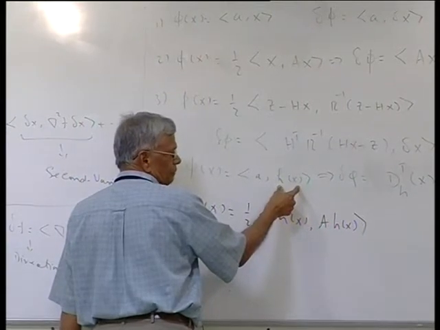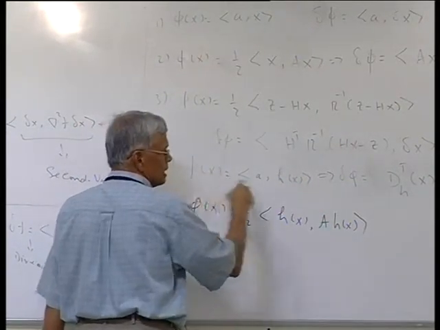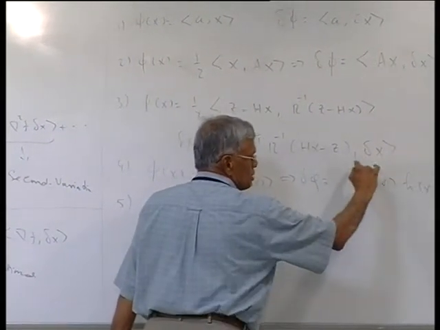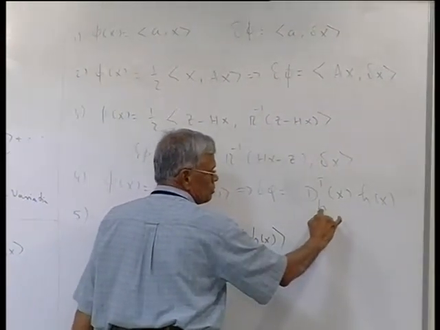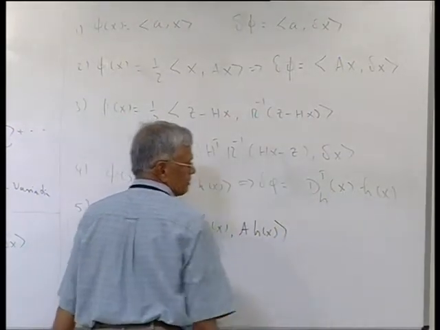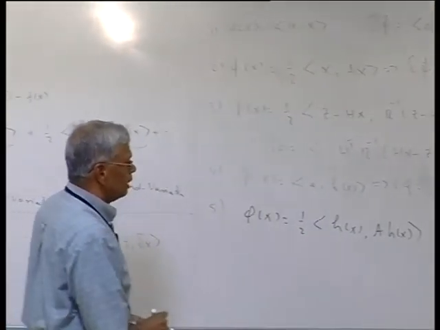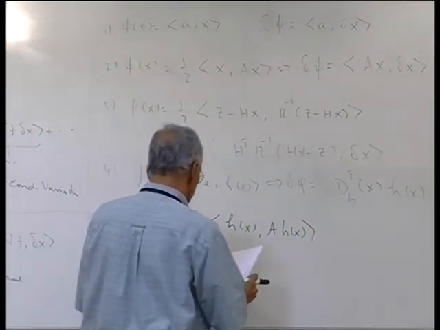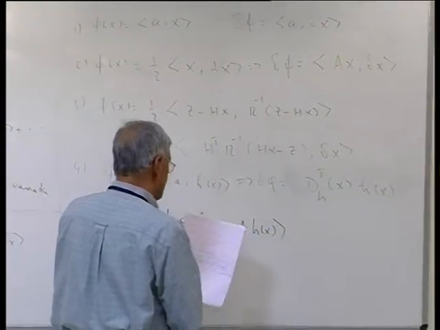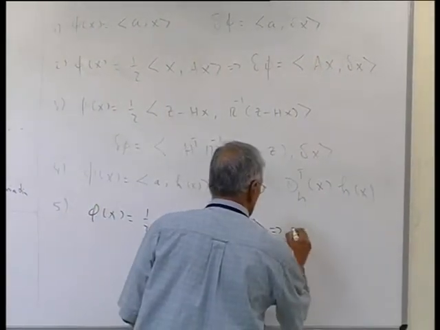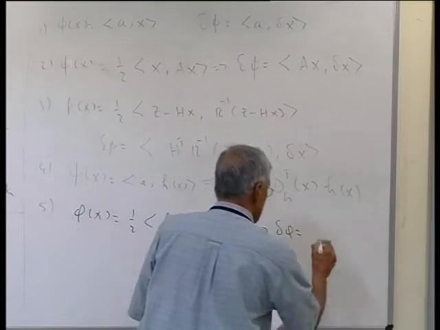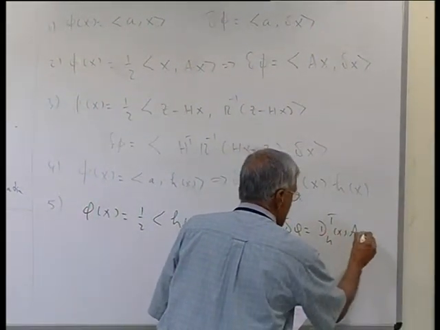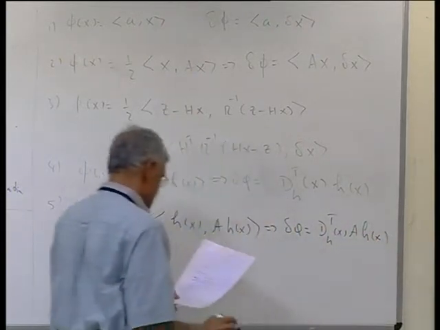We are talking about the first variation of that. So the first variation of that product is the transpose of the Jacobian of h times A h of x, that is, dh transpose A h of x.